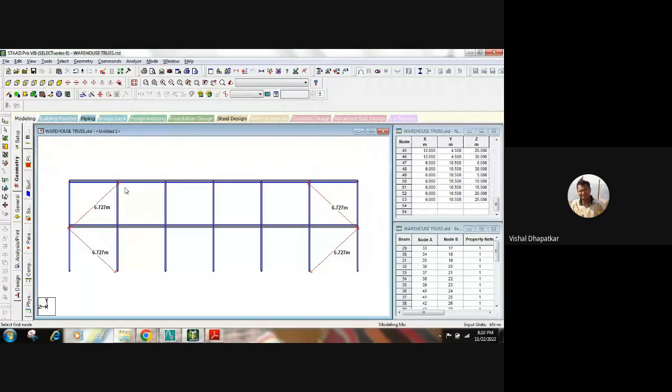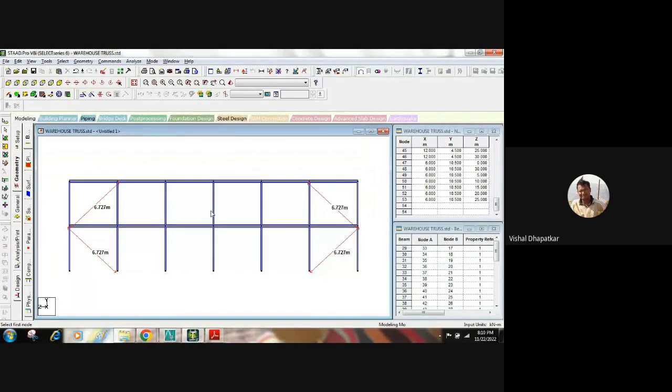But when we add it somewhere in the middle, then the structure will be free on both sides to expand and contract. Because of that, there will be less internal forces or temperature forces, right?